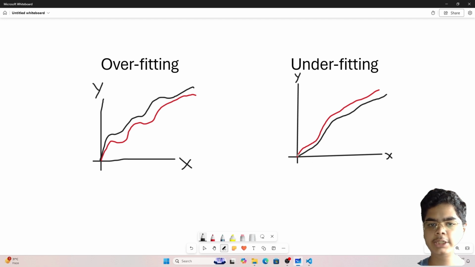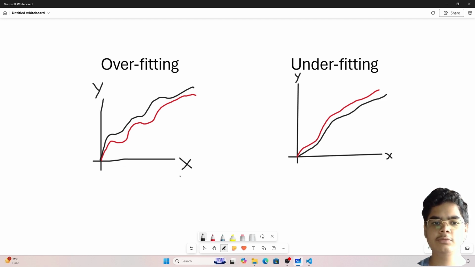If that were the case, these two lines would be overlapping each other. However, if you compare it to the overfitting scenario, the prices predicted by our model are higher than the actual prices of Bitcoin. So this line, which represents the predicted prices, is above the line of the actual prices. This is what is known as underfitting, and the model is said to underfit the data that we have fed it during the training process.